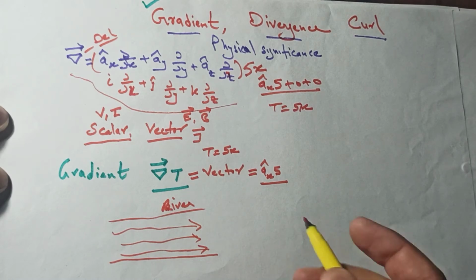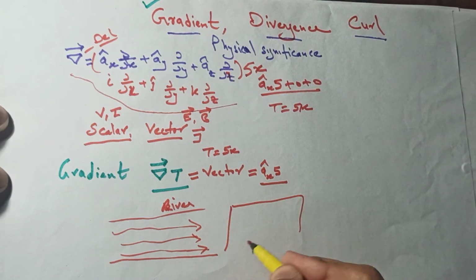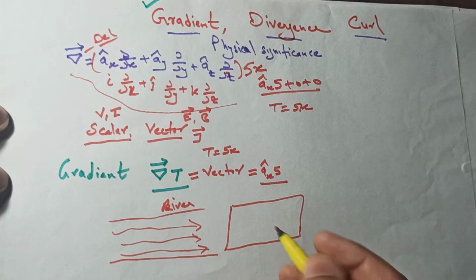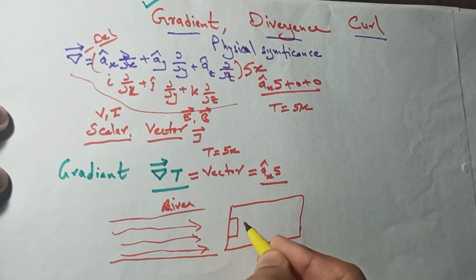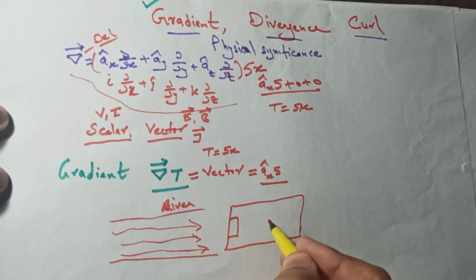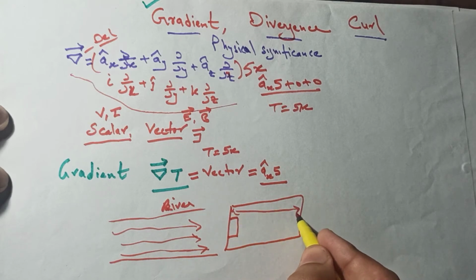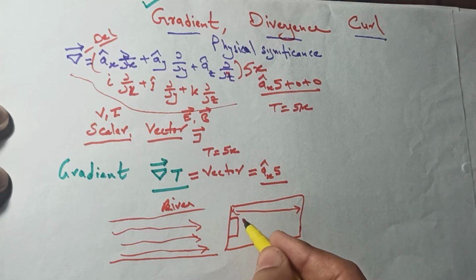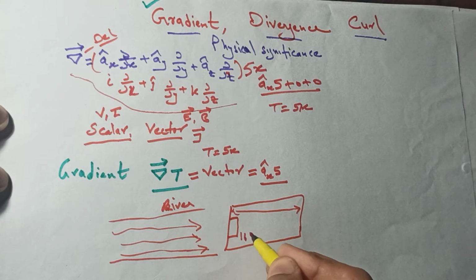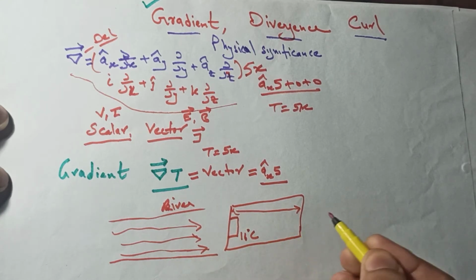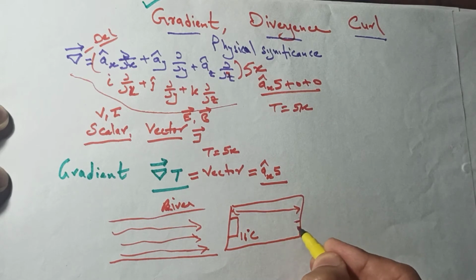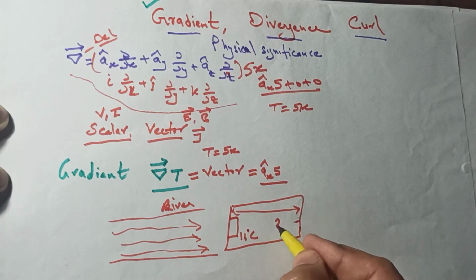Let us take another example. Let us say this is a room and you have installed an air conditioner here. The length of the room is very large. The AC is installed here, and the temperature in this corner is 16 degrees Celsius, and the temperature here, because of the very large length, is 20 degrees.